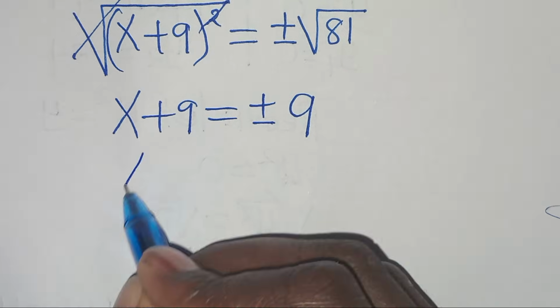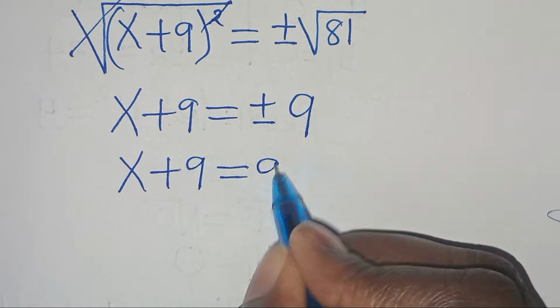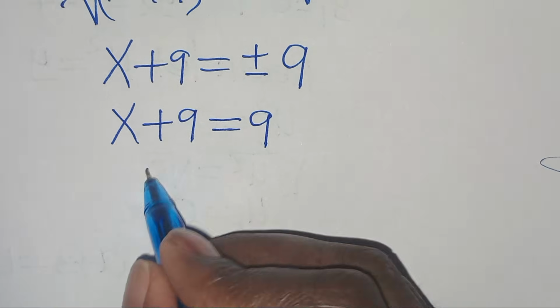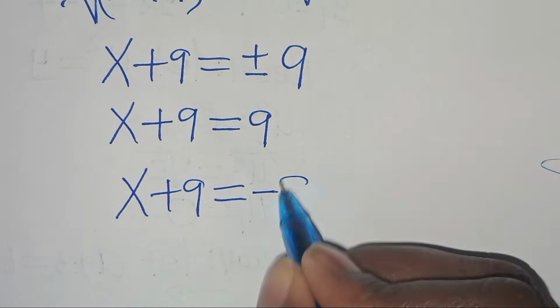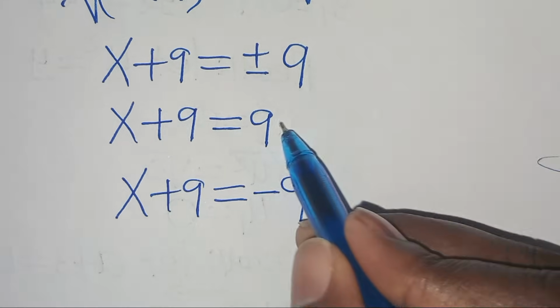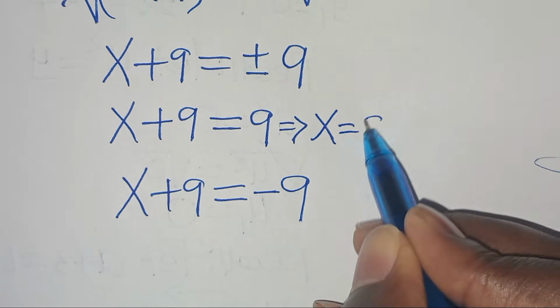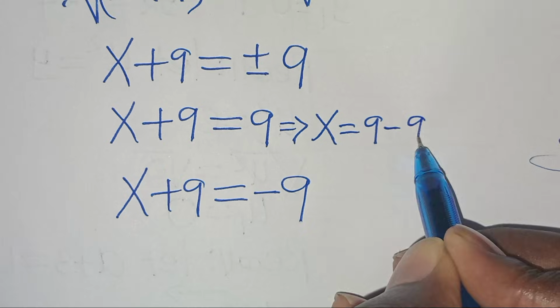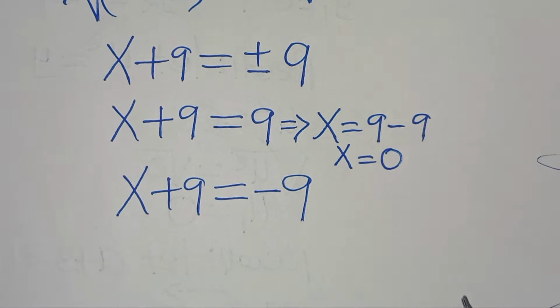So we have x + 9 equal to 9, and we have x + 9 equal to minus 9. From what we have here, this means that x is equal to 9 subtract 9, and x here is equal to 0.